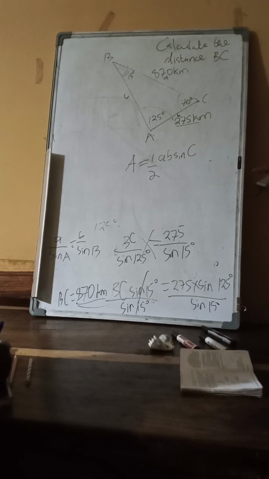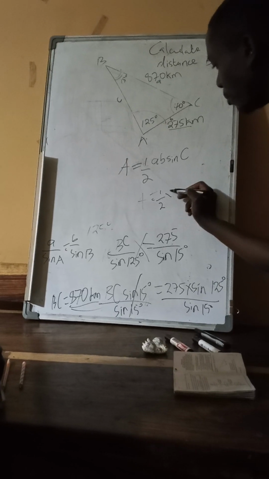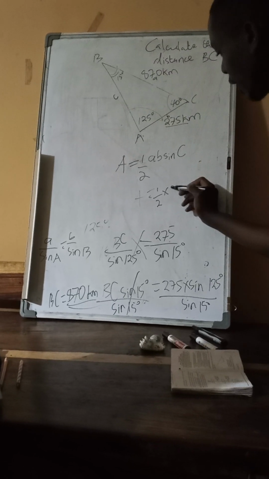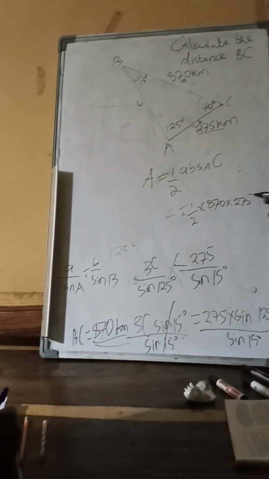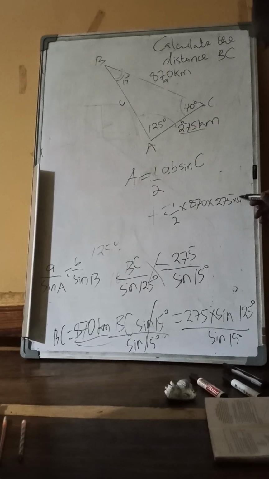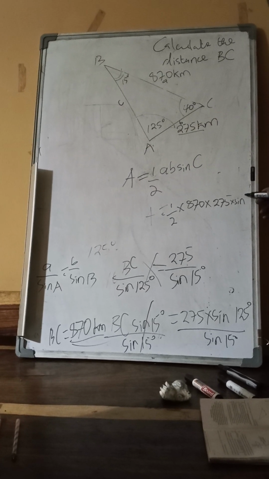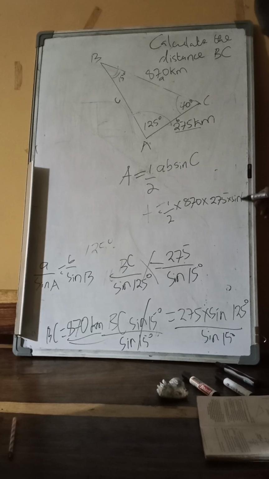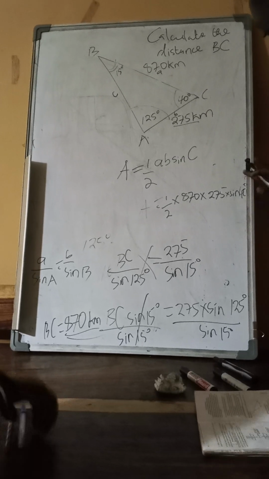Is it clear? So area is equal to half times, what is small letter a? 870, times small letter b, 275, times sine C. The angle C is 40. So it will be sine 40. Can you punch that on the calculator?